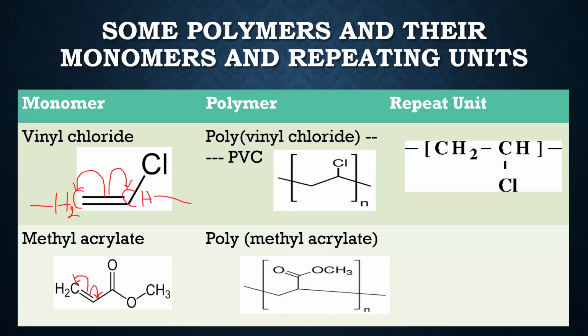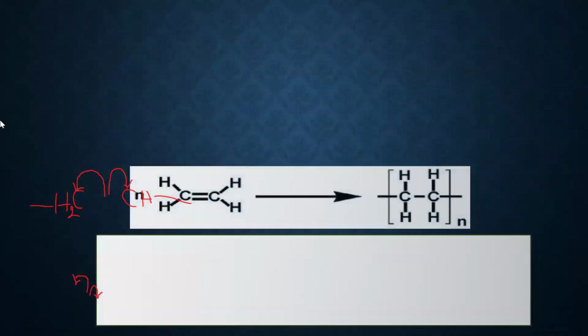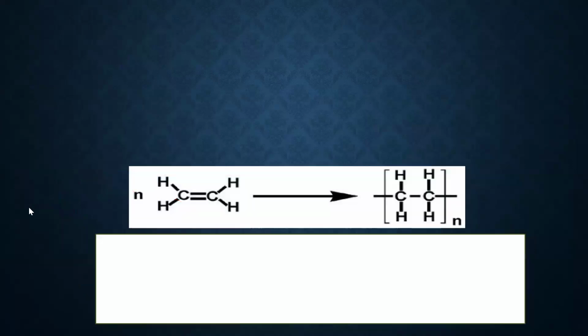Okay, and forming a polymethyl acrylate. And this is the repeating unit. All of these are examples of monomers and polymers.